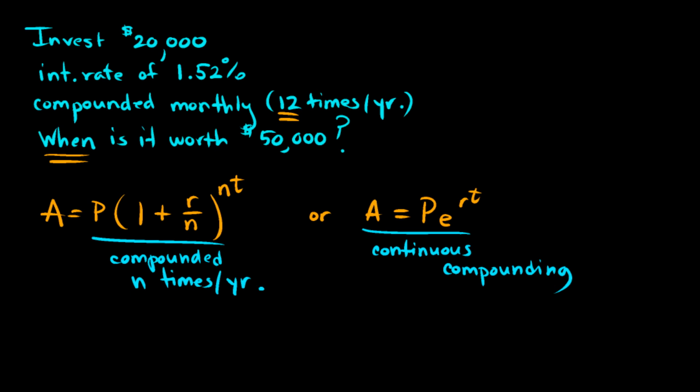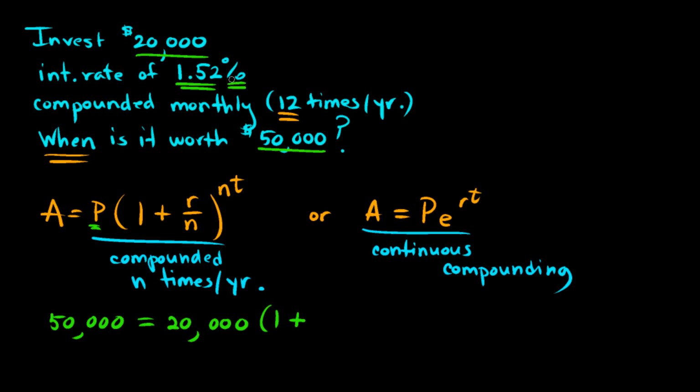Okay, so for this problem specifically, when is it worth 50,000? 50,000 is going to be our end result. The P, which stands for principal, is the initial value, which was 20,000. That's how much we invested, times 1 plus the rate as a decimal. Now you might say, well, this is a decimal right over here.